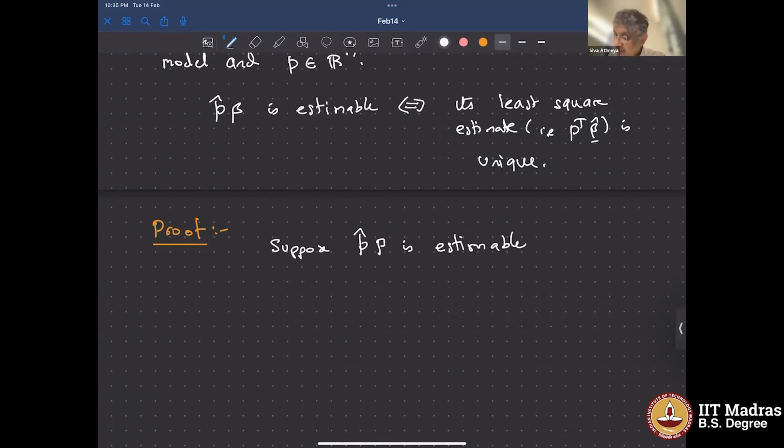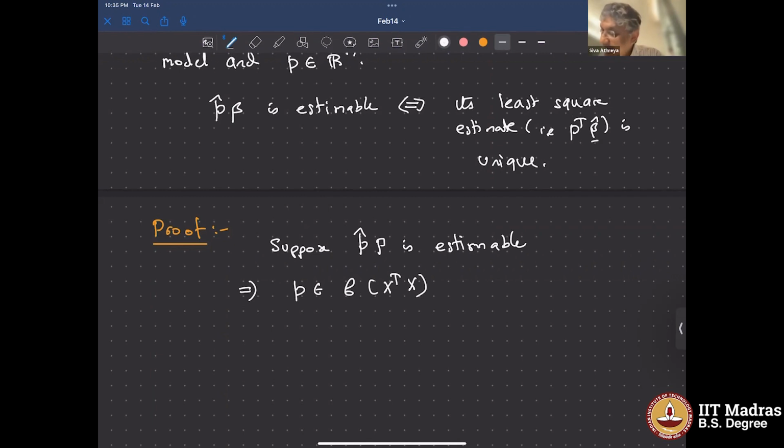So what does this mean? Do you remember this? We did a theorem a long time back, in the previous class. I don't know if you recall the theorem. Estimable means that P has to be in the column space of X transpose X.